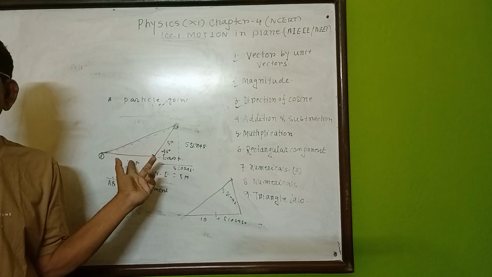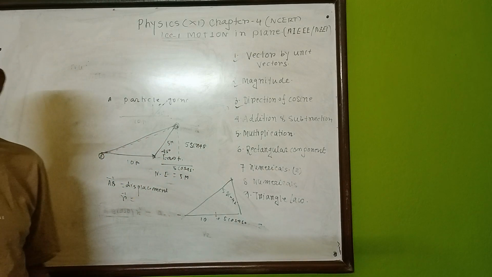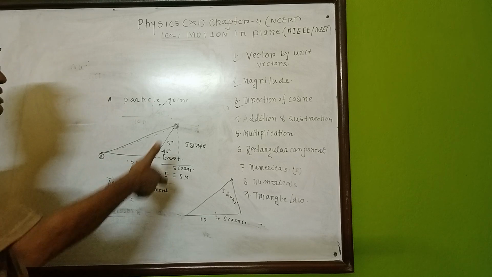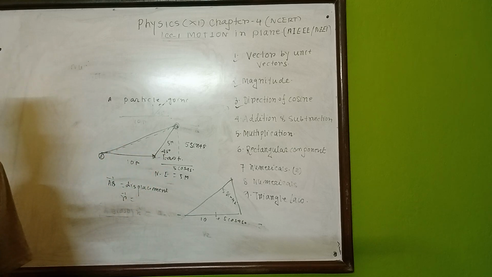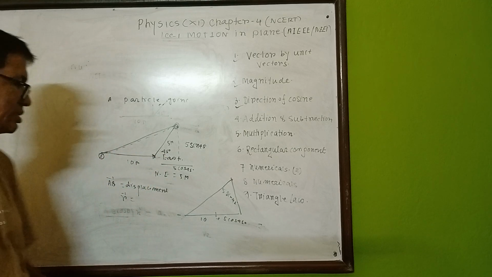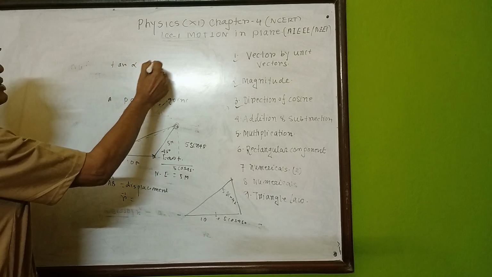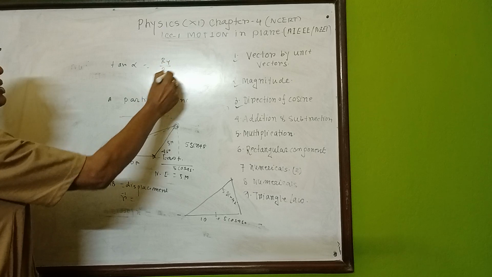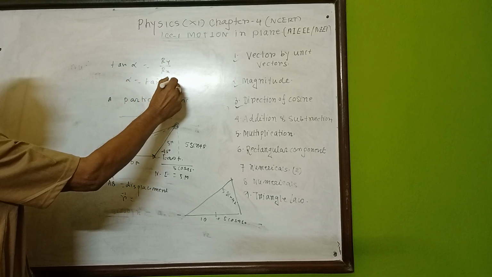After that, by the vector method you calculate the displacement and take its magnitude. Easily you can obtain it. If they ask you what is the direction, then this is the vertical part and this is the horizontal part, tan theta equal to vertical component by horizontal component. So if the direction is alpha, you write ry component by rx component, then alpha equal to tan inverse ry by rx.